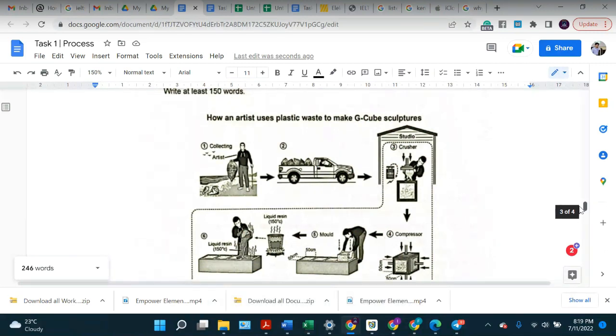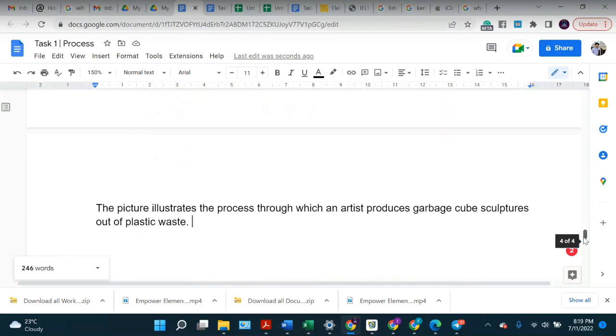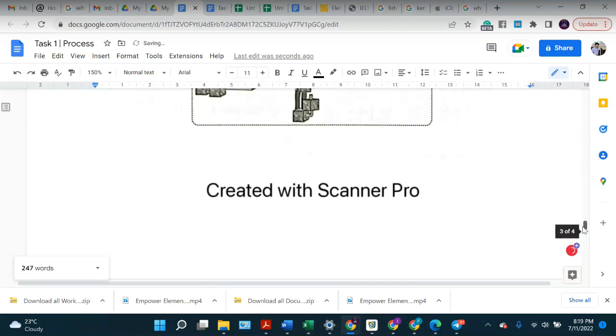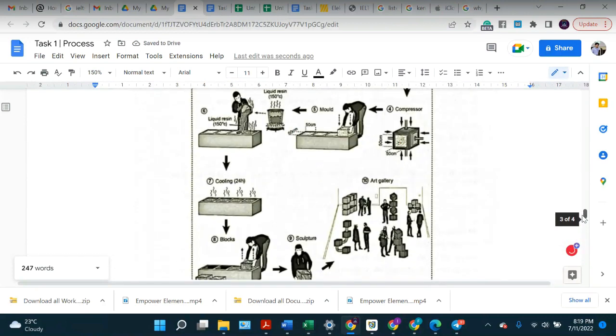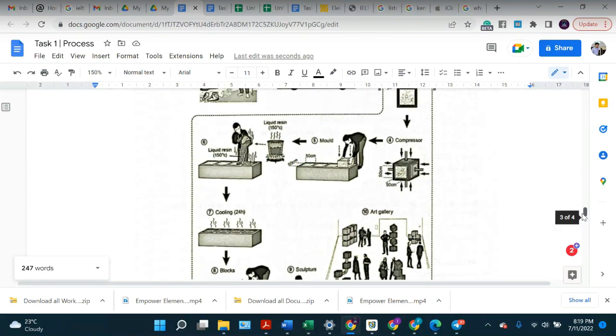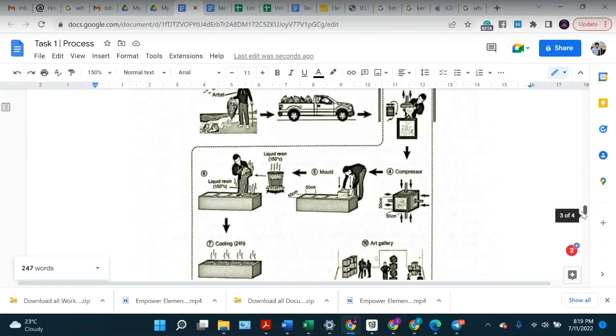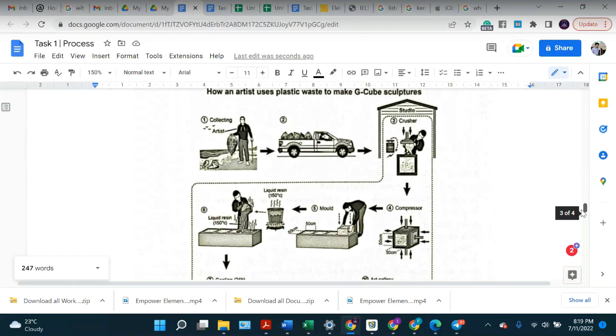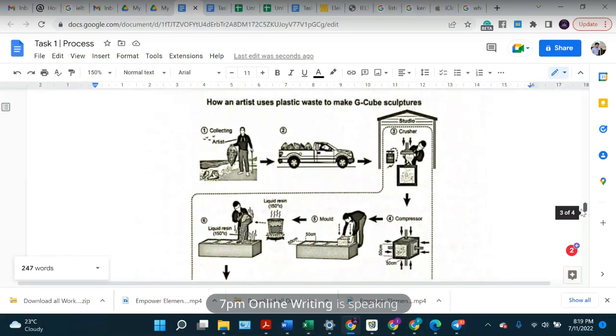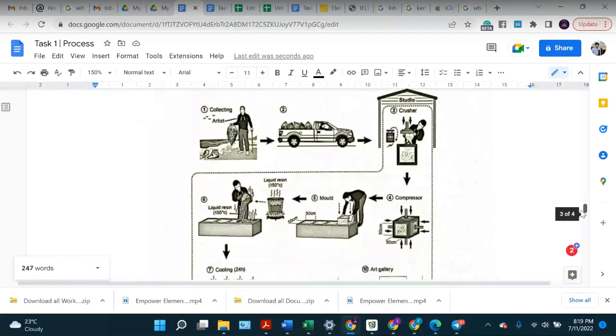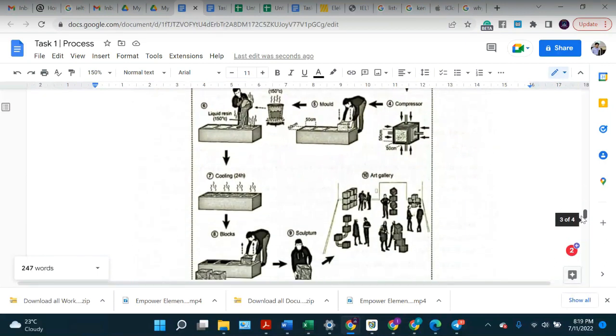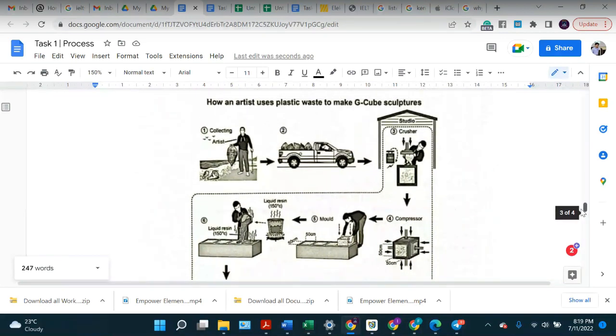I think one division that makes sense would be saying 3 first, collecting and bringing the garbage, and then molding it into cubes, and then using those cubes to produce sculptures, right? I think if I were in an exam, that's what I would have gone with.